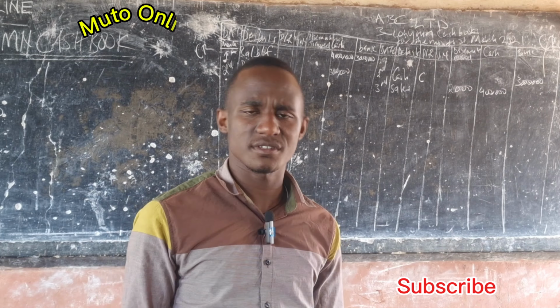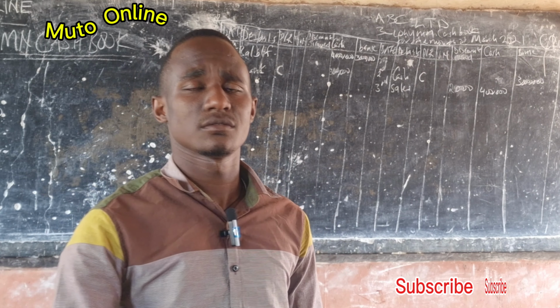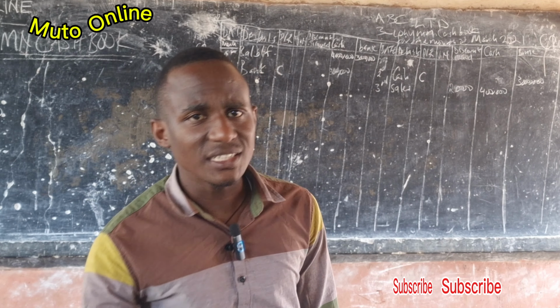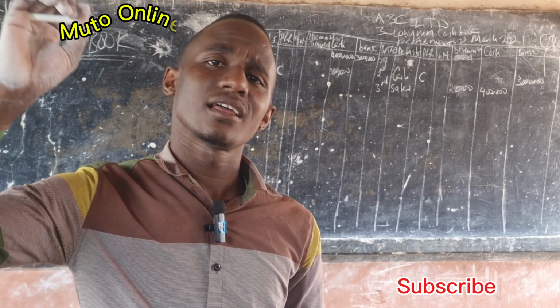In all cash books, we do not record credit purchases and credit sales. If you see that transaction, please eliminate it. Thank you very much. So let me continue with this.